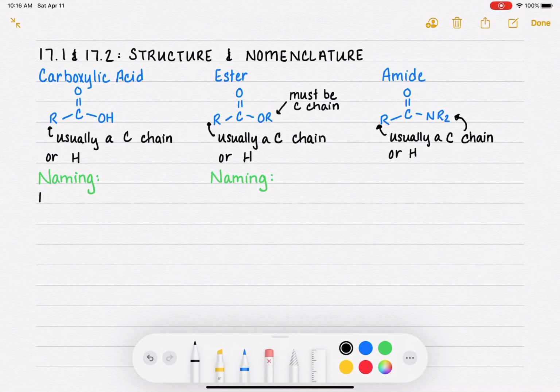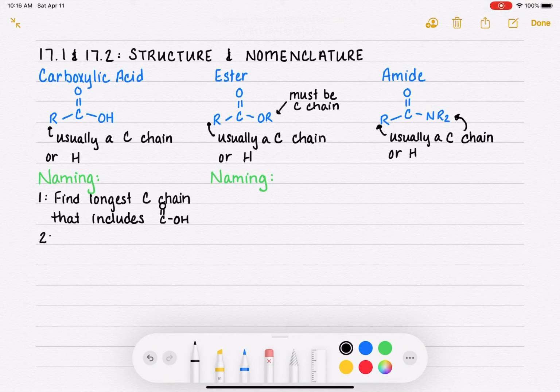In general, the naming is similar to naming other molecules that we've already learned about. So our first job will be to find the longest carbon chain. And when we're looking for that carbon chain, we want it to include the carboxylic acid group. So it has to include the carbon-oxygen double bond with the OH. I'm going to find the longest chain that includes that.